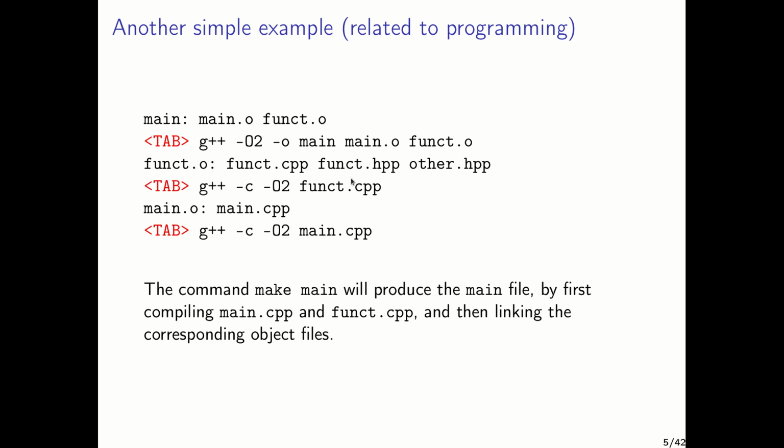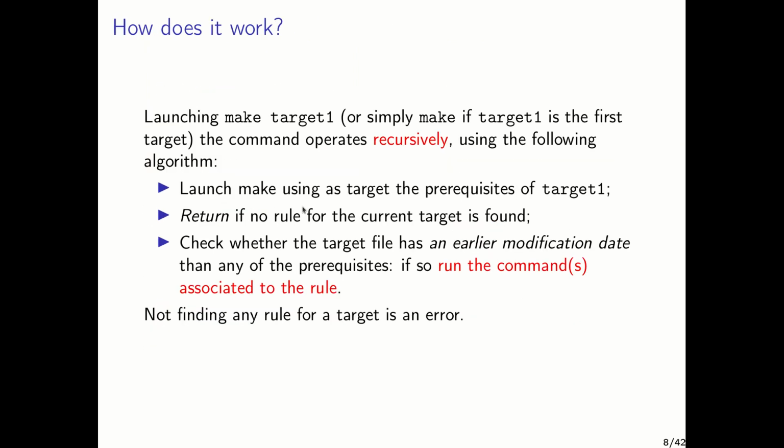The prerequisite main.o is itself a target. So it will analyze the rule to make that target. It will repeat the process until all the targets and all the prerequisites are updated. So not finding any rule for a target is an error, okay?